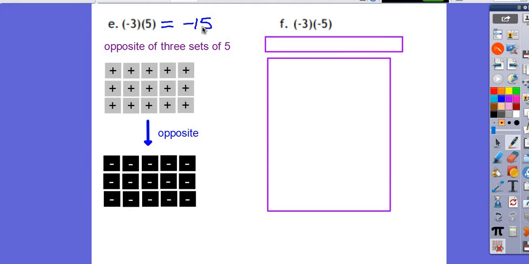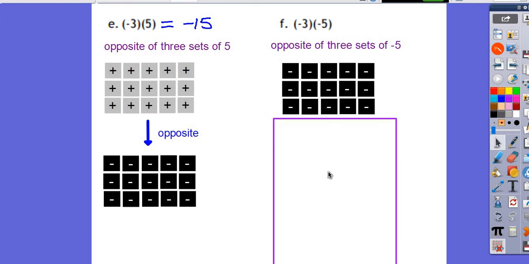Okay, the last one, F. How do I write that in words? Opposite of 3 sets of negative 5. So I first need to draw 3 sets of negative 5. Then I have to flip them all around.